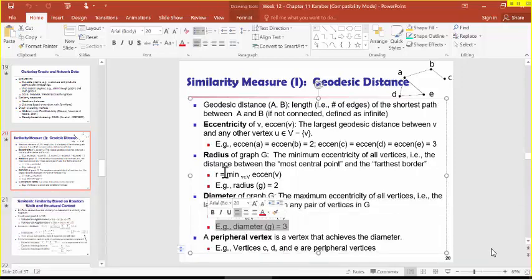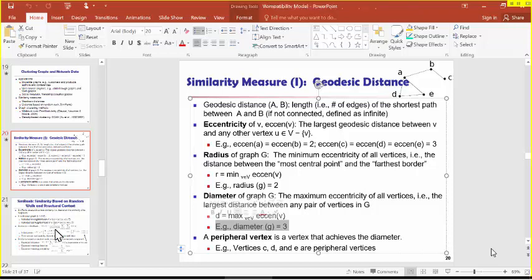Now what is the diameter? Diameter is the maximum eccentricity of all the vertices. And then we have the peripheral vertex, a vertex that achieves the diameter.